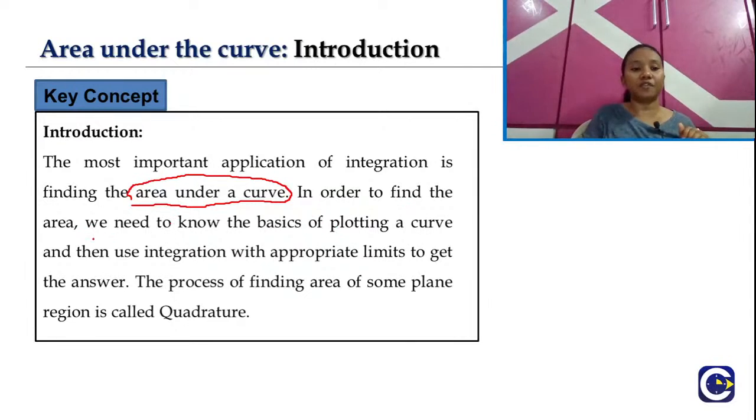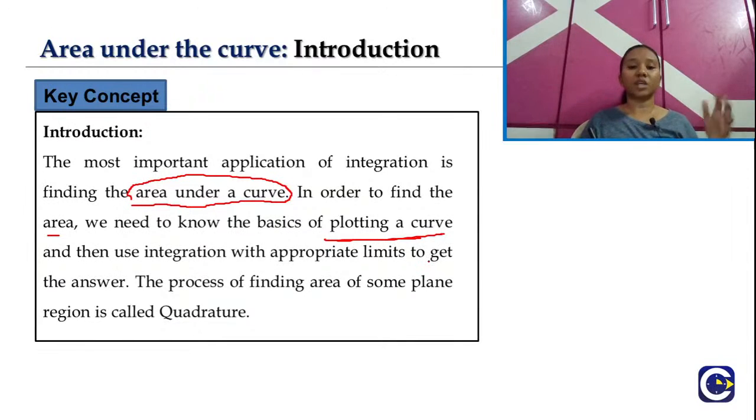In order to find the area, we need to know the basics of plotting a curve, right? So if we want to find the area under a curve, the first and foremost thing we have to do is plot the given curve. We should be aware of this basic step, that is plotting a curve.